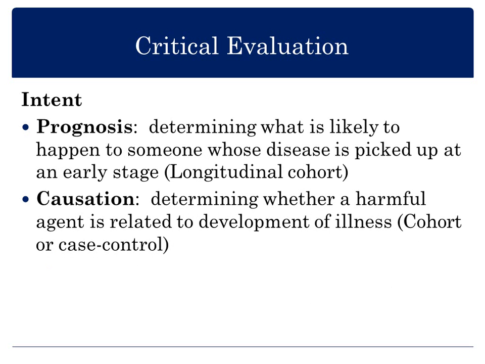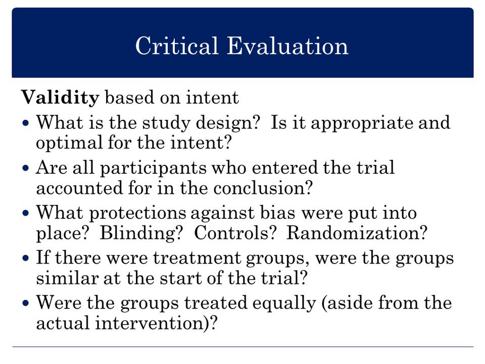Prognosis, determining what is likely to happen to someone whose disease is picked up at an early stage. And then causation, sort of exposure, epidemiological type of study, determining whether a harmful agent is related to the development of an illness, and that tends to be a cohort or case control. And I'm throwing these terms out here. I will define for you each of these types of designs.